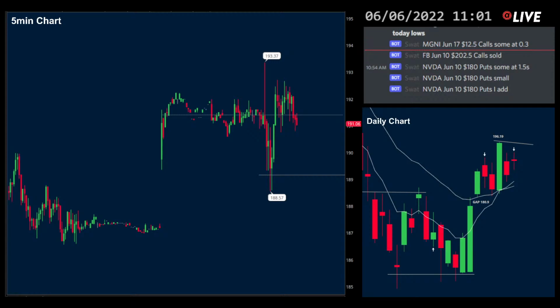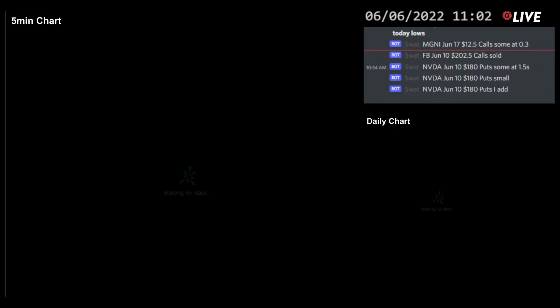AMD is still green, but fading. AMD needs below 107. But it's not an easy environment, guys. Slow and choppy. Boeing now goes back into the green.